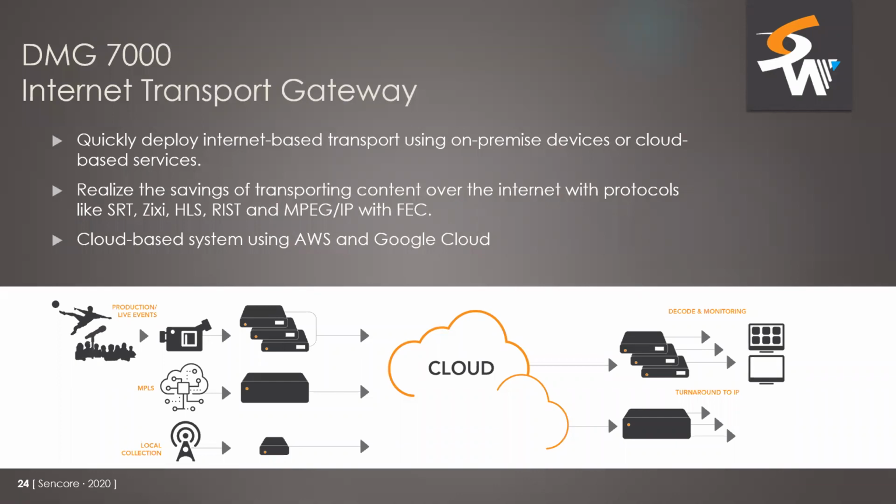Now, if you need any of the other hardware or physical inputs, whether that's RF or ASI or SDI, those types of things, then you could deploy an SCP-2100 out to the edge. So those 3 different styles, you can deploy those remotely or at your head end. But I think for the sake of this conversation, the SCP out at the edge, DMG 7000 at your head end, or maybe at the ingest to your cloud instance would be a great complement to one another.